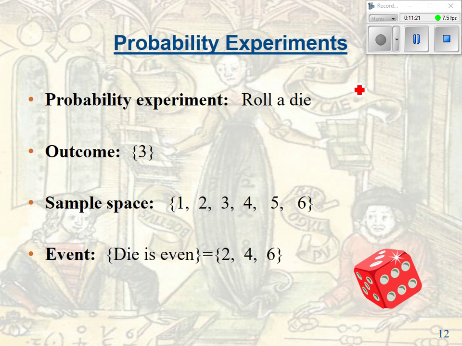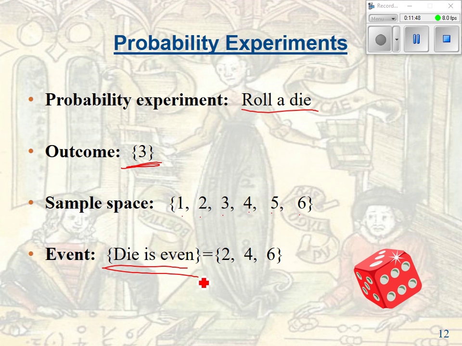All right, probability experiments. Don't write this down. Just watch. With the probability experiment, if we were going to roll a die, we rolled the die and it came out a 3. Our sample space, 1, 2, 3, 4, 5, or 6, that's what we could have gotten. Those are all the possible outcomes. The event, maybe we want the die to come up on an even number, so that's the event we want.